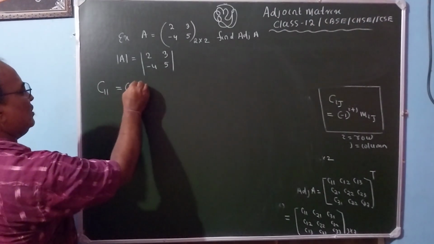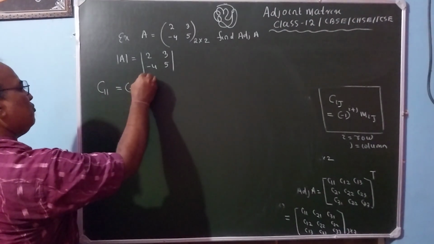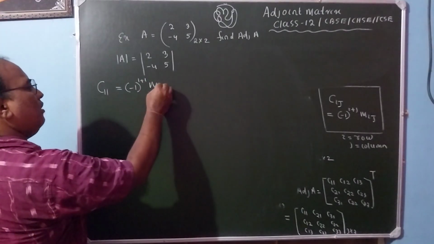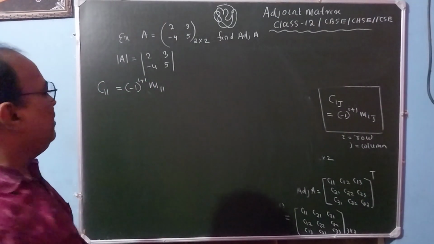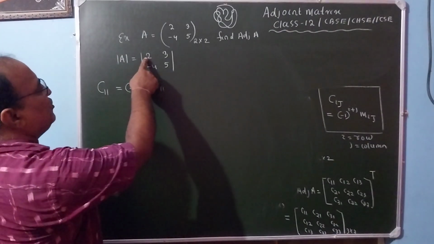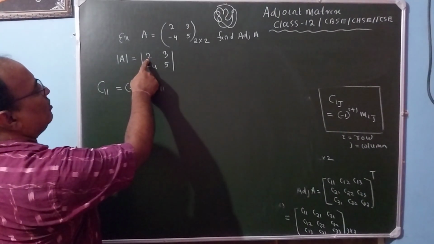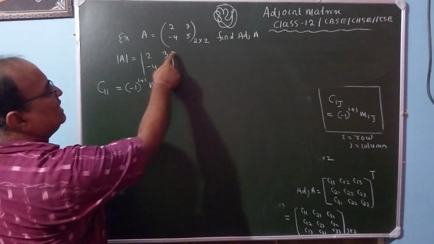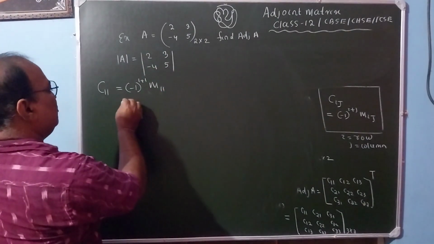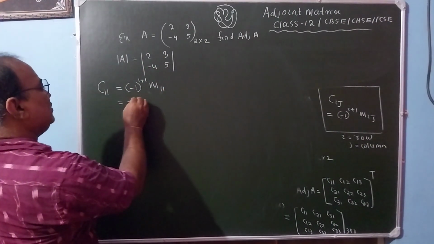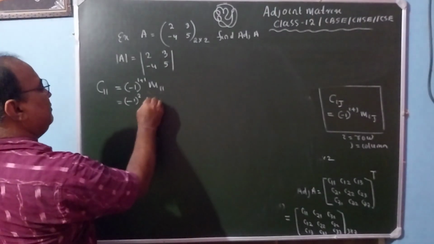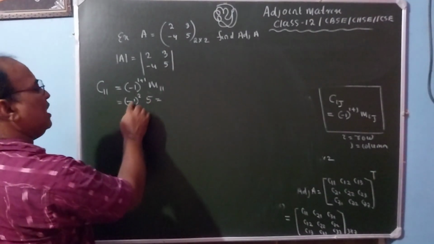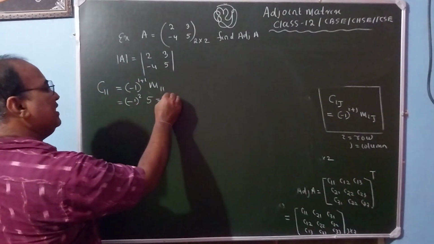So the formula is (-1) to the power 1 plus 1 times the minor of a11. Minor of a11 means the minor of 2. You have to delete this row and this column. So here it is (-1) to the power 2, and the minor is 5.